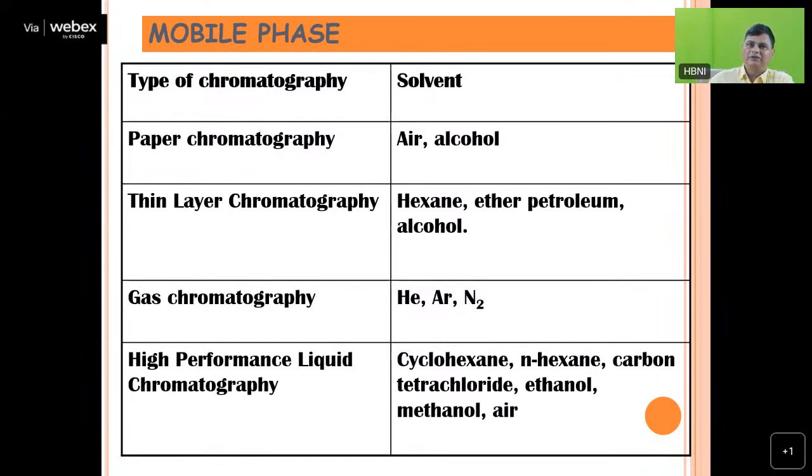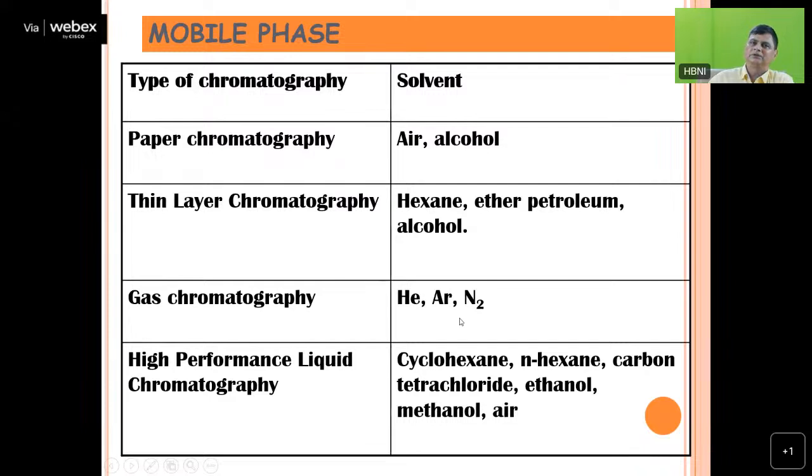Similarly, in the case of the mobile phase, in paper chromatography, generally water or alcohol. In thin layer chromatography, the mobile phase can be hexane, petroleum ether, or alcohol. In gas chromatography, we can use helium, argon, and nitrogen. This is one important point: all of them are inert gases.